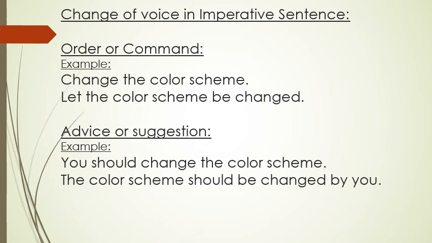Now since it's an order, it can also be said in a way, you are ordered to change the color scheme. Now in case of advice or suggestion, the example becomes, you should change the color scheme. So it would become, the color scheme should be changed by you. Now you may be noticing that in all the passive formation, the third form of the verb is being used.